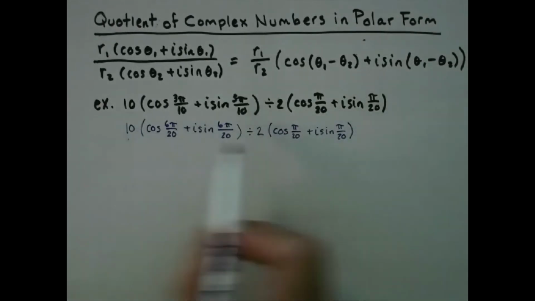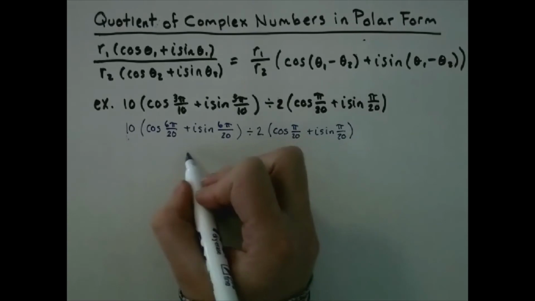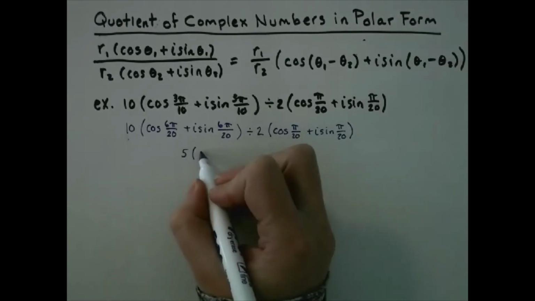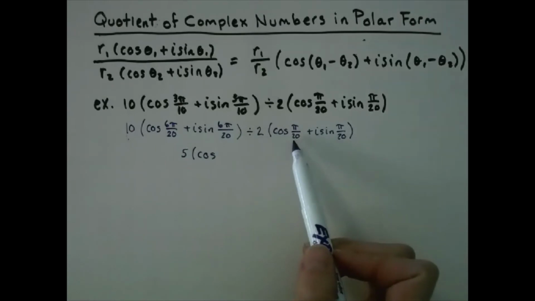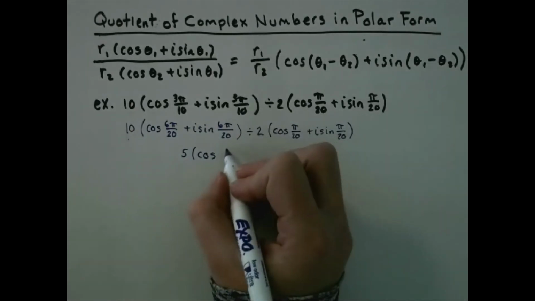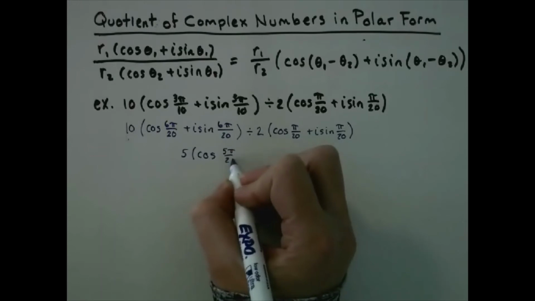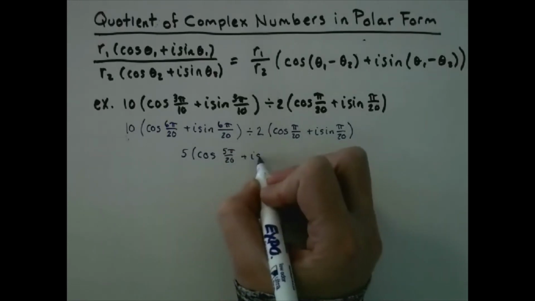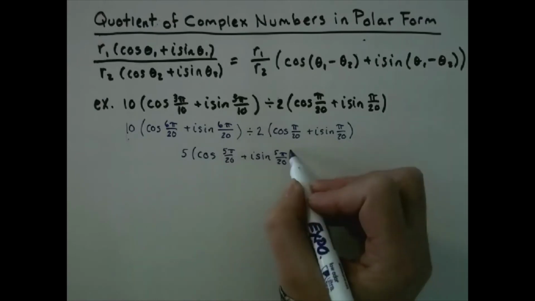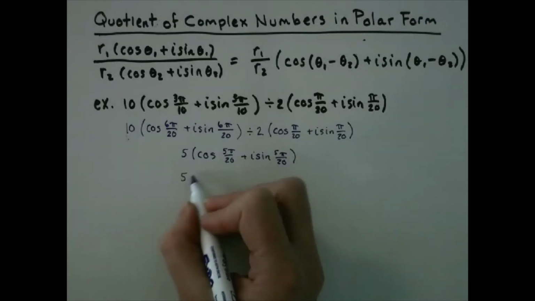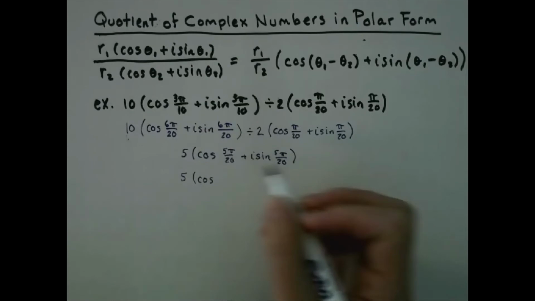Okay, so we will divide. 10 divided by 2 is 5. And subtract: 6 pi over 20 minus pi over 20 would be 5 pi over 20. Reduce those fractions.